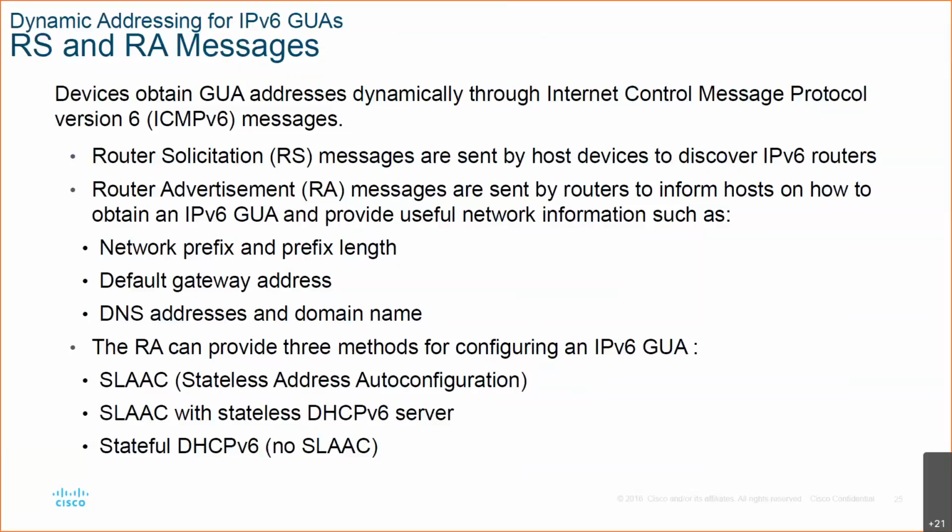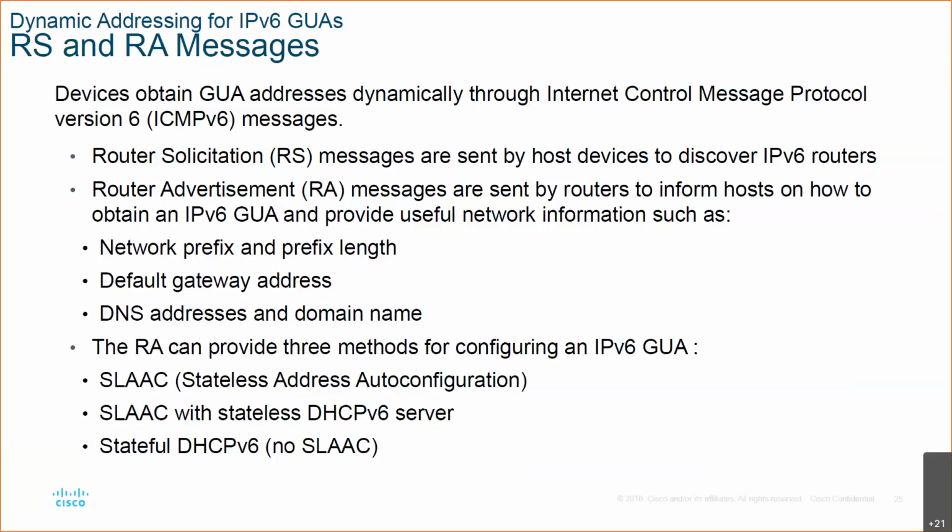In the RA, it can either be a SLAAC, stateless address auto configuration server, or it can be a SLAAC with DHCP version 6 server, a stateless one, or it can just be a stateful DHCP version 6.